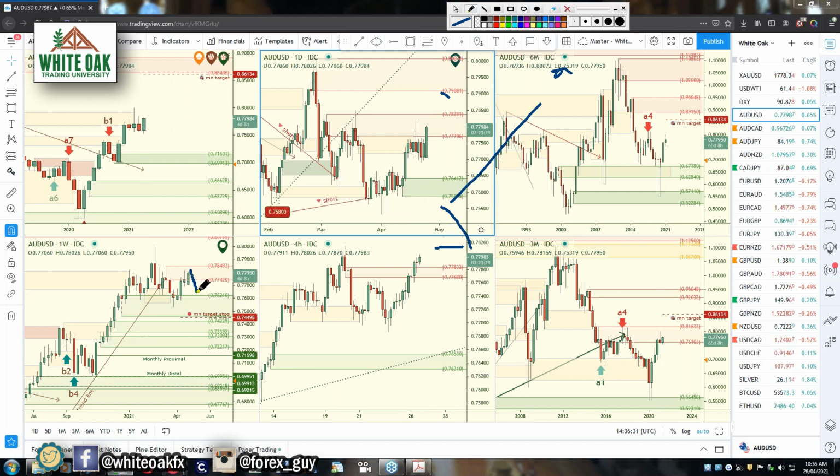The safest is to put the stop loss below that weekly demand, because obviously that demand is holding strong. So that could be a nice trade.